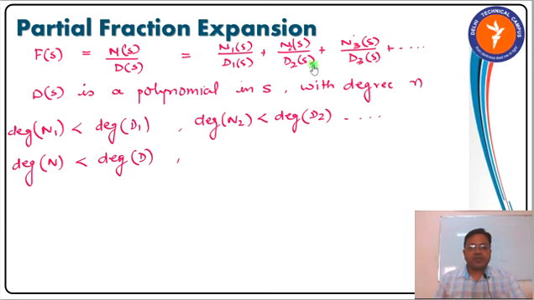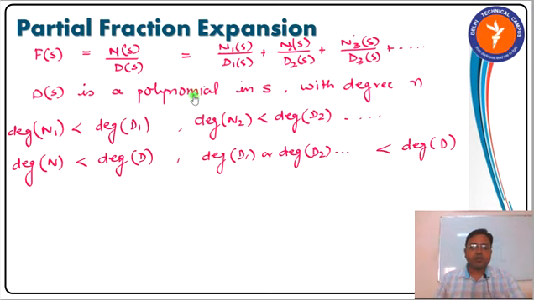Also, with the partial fraction expansion, it is obvious that when we expand it into these simpler forms, the degree of D1 or D2 and so on must all be less than the degree of the given polynomial D. That is, these all must have lower degrees than D. In that case it will be termed the partial fraction expansion.